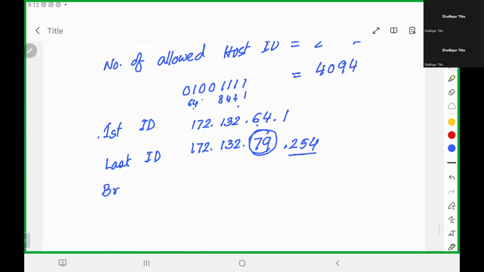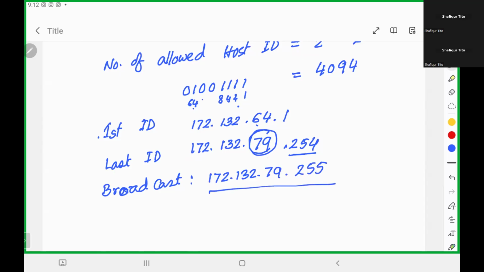Once you have found the last ID, then you can find out the broadcast address. The broadcast address will be 172.132. These will be all ones in the host part, which gives me 79, and the last octet will be 255. Okay, so this is my broadcast ID.